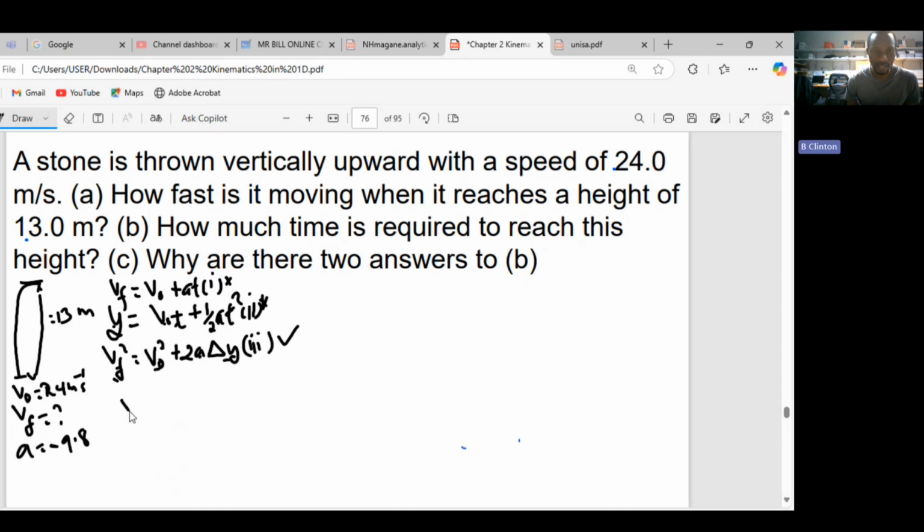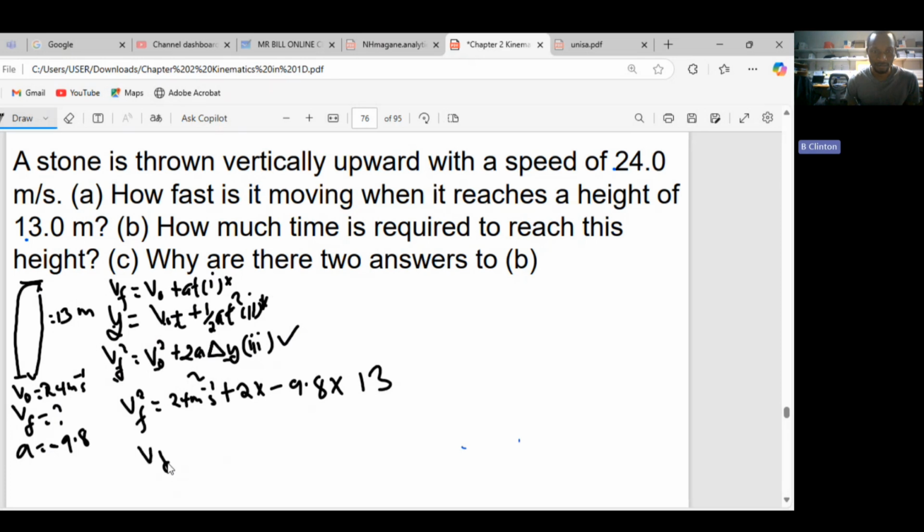Our Vf squared is going to be initial velocity, which is 24 meters per second, squared, plus 2 times minus 9.8 times the change, which is 13 meters.